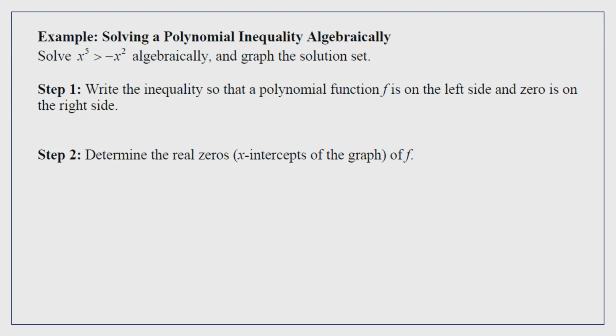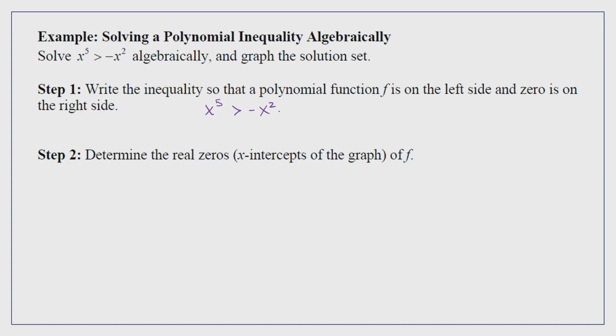In our example here, we're asked to solve x to the fifth is greater than negative x squared algebraically, and then graph the solution set. For step number 1, we're asked to write the inequality so that a polynomial function f is on the left and 0 is on the right. We start with x to the fifth is greater than negative x squared.